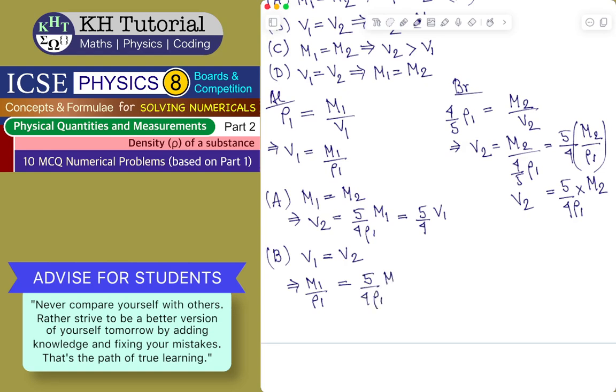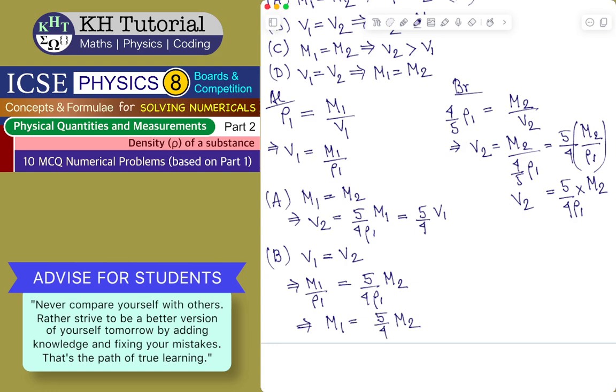Now I can cancel out rho 1 from both sides, and I will get m1 is equal to 5 by 4 times m2.